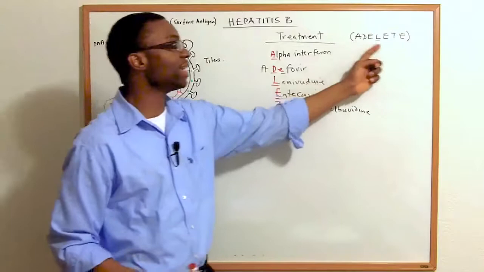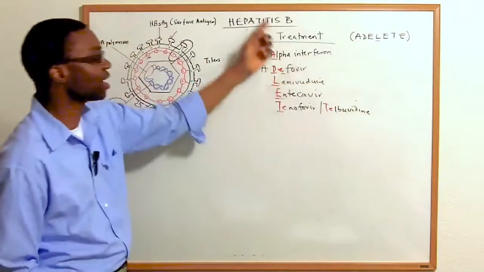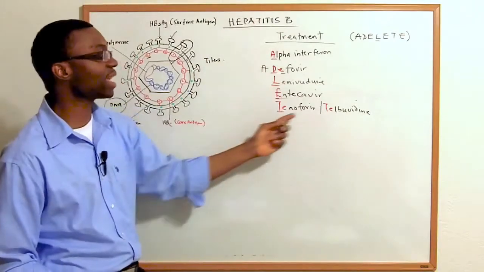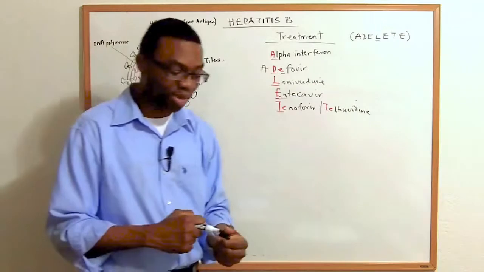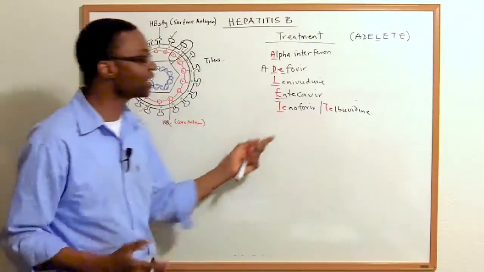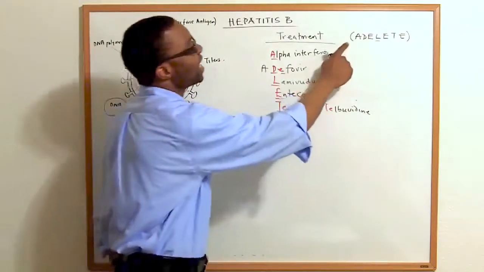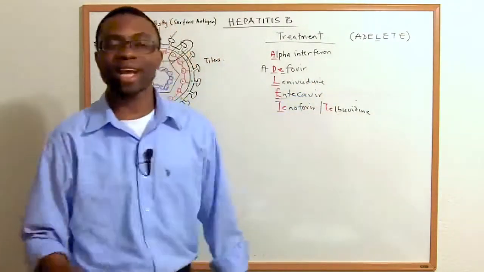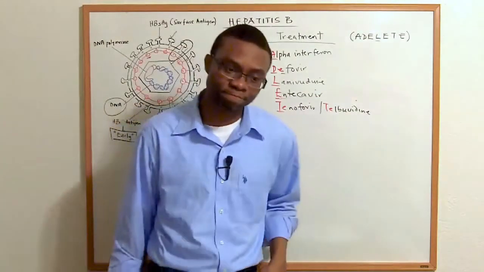Sounds like a delete. And that's how I remember it, because my name is Adeleke. So instead of Adeleke, I just made it Adelete. If that works for you, perfect. If you can memorize these drugs without cracking your brains apart, and if you can remember my name, or just say a delete, you can recall all the treatments we use to treat hepatitis B.